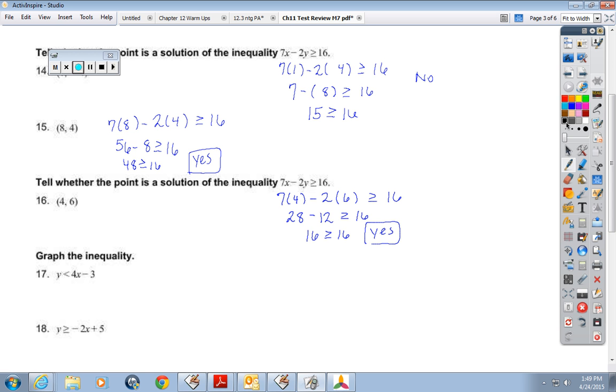So remember, if the original inequality is just greater than or less than, we use a dotted line. And then if it's greater than or equal to or less than or equal to, we use a solid line.